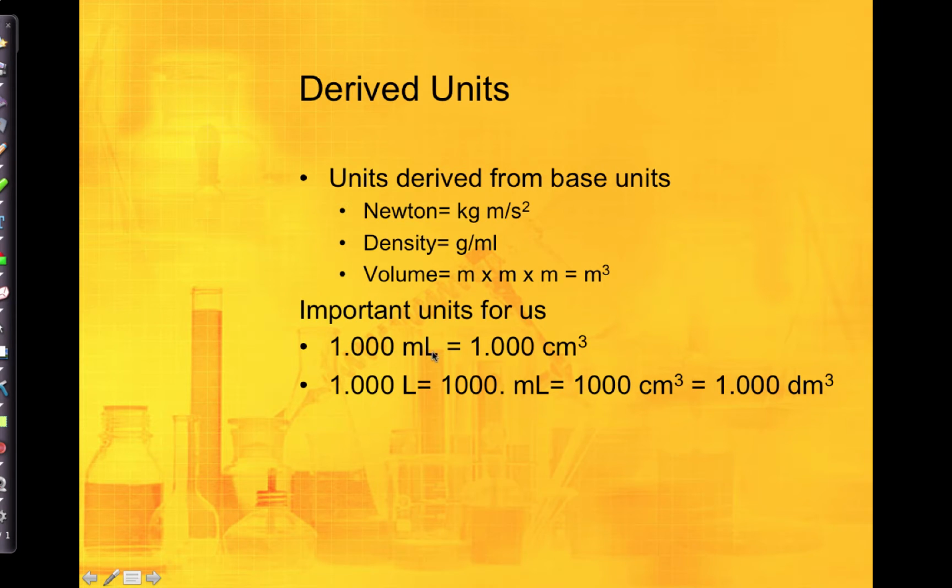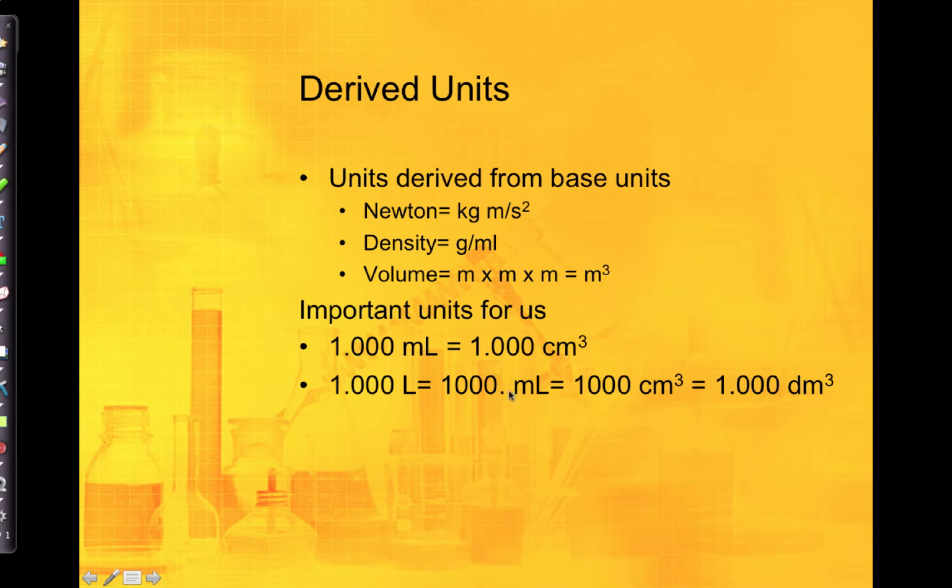So just some stuff for you guys to know and just memorize this. If you have 1 milliliter, that is equal to 1 cubic centimeter. You have to know that. So if I say that I have 50 milliliters, it's the same thing as saying I have 50 cubic centimeters. Same thing as a liter is equal to a decimeter cubed. So if I have a decimeter cubed, that's the same thing as a liter, which is also equal to 1,000 milliliters, which you would know from the metric system.